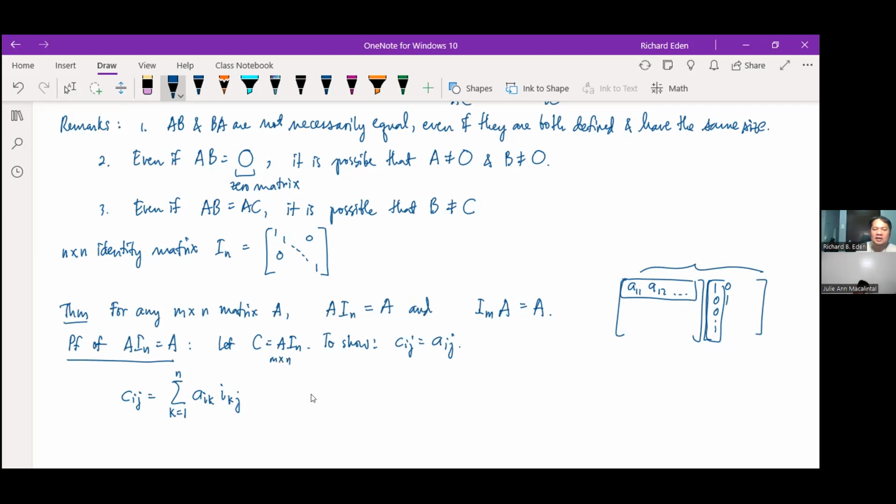So itong second index ng A, which is k, is what's gonna run from 1 all the way to m. Okay, but for the identity matrix, wait, maybe let me use a different letter because we've been using small i for the row. Okay, so ano gamitin natin? Let's say P sub ij.